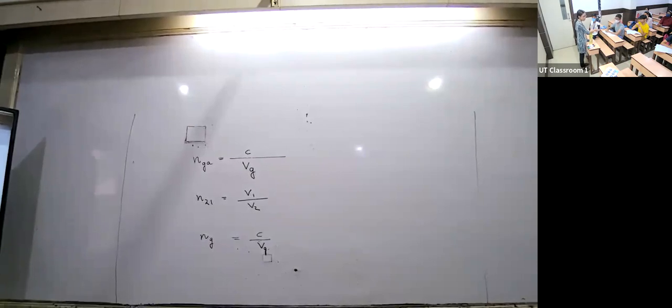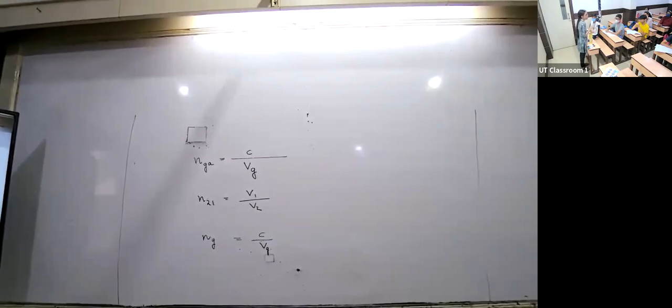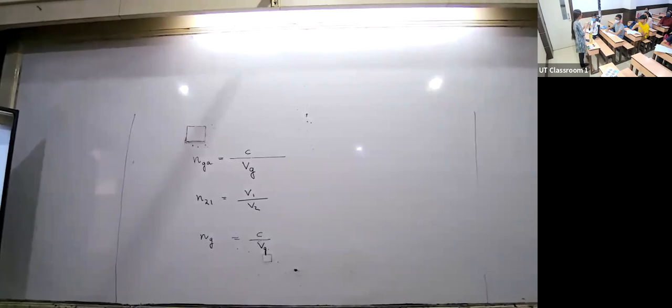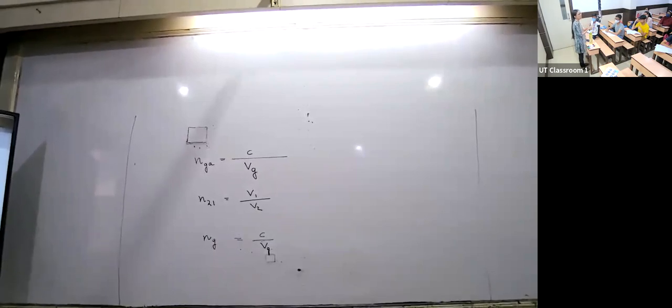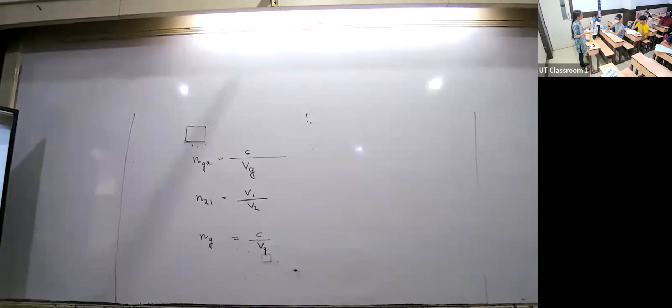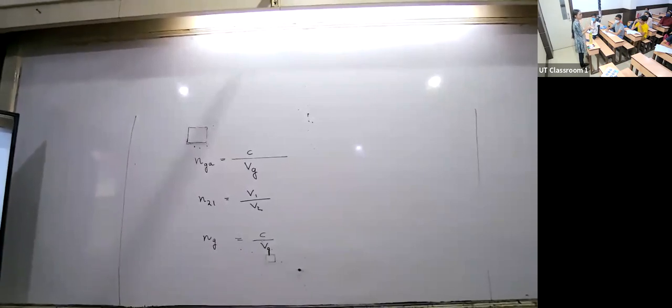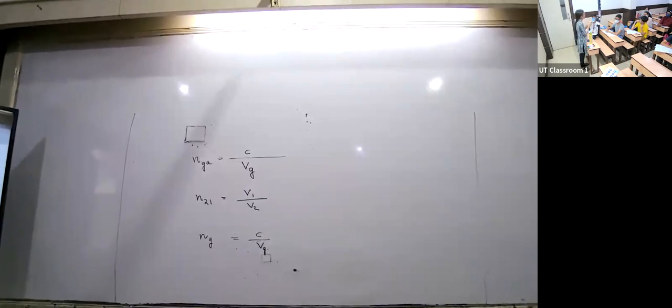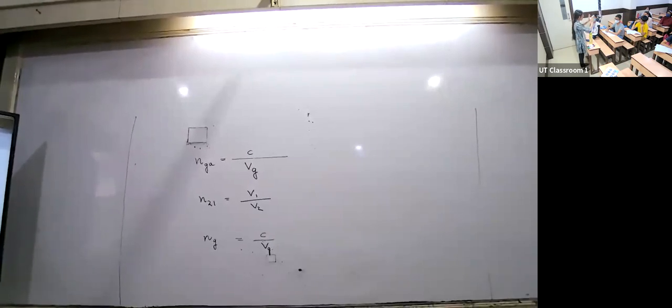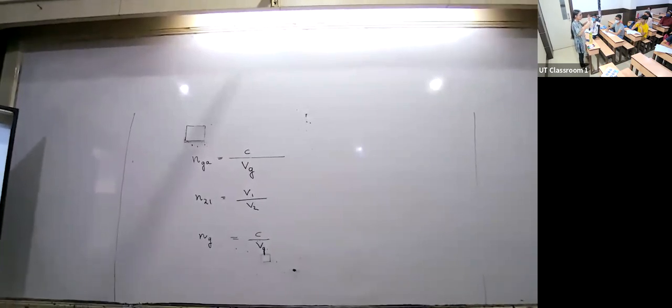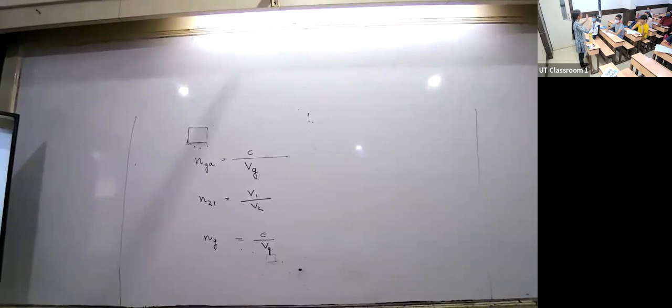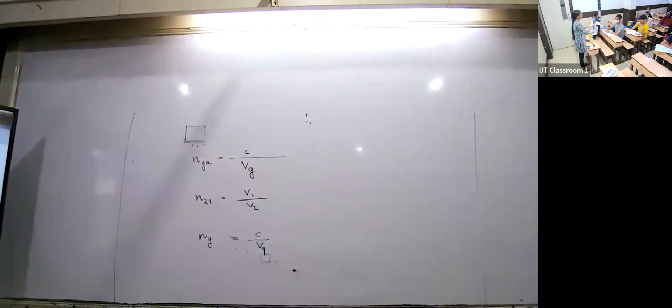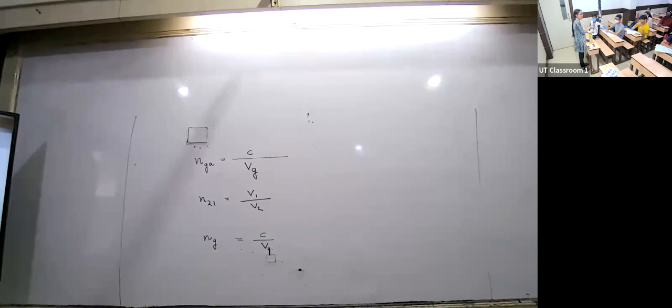So we are not talking about normal density, we are talking about optical density. How is optical density defined? When light passes through a medium, how much that medium reduces the speed of light is the optical density.